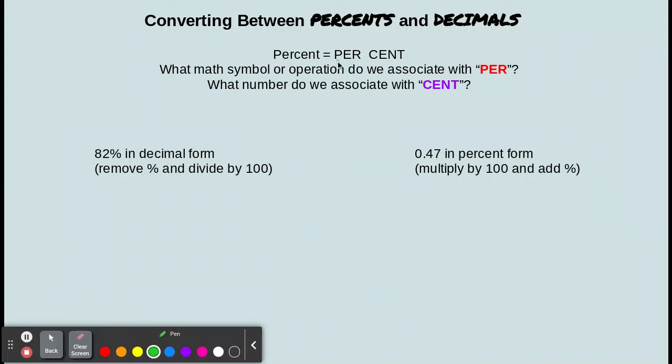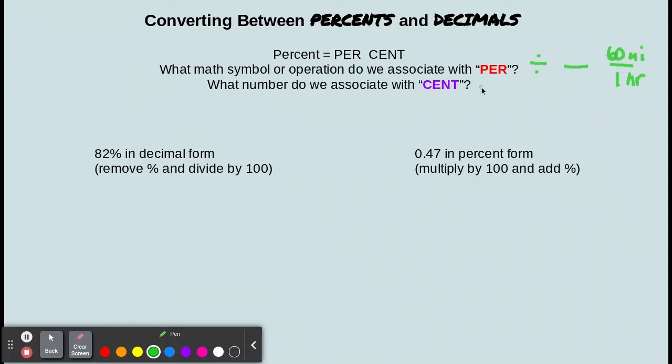Percent can be broken up into two parts, per and cent. And the math symbol or operation we associate with per is division, or the fraction line, right? 60 miles per 1 hour. And then the number we associate with cent is, well, how many cents are there in a dollar?